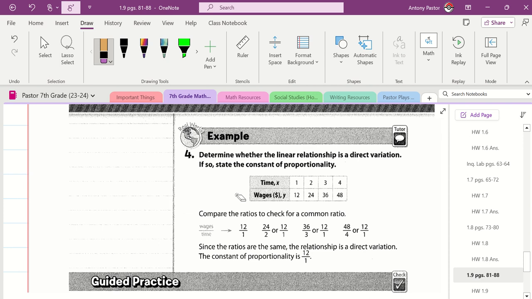So again, direct variation will be there if it is constant. The wages, the miles driven per hour, how many things you can get done in a certain amount of time, as long as the rate is constant, the direct variation will be there. If there's a hidden fee, if there's a bonus, it completely throws everything off.